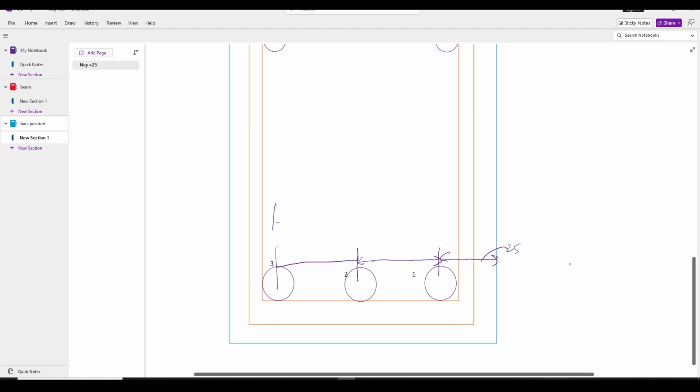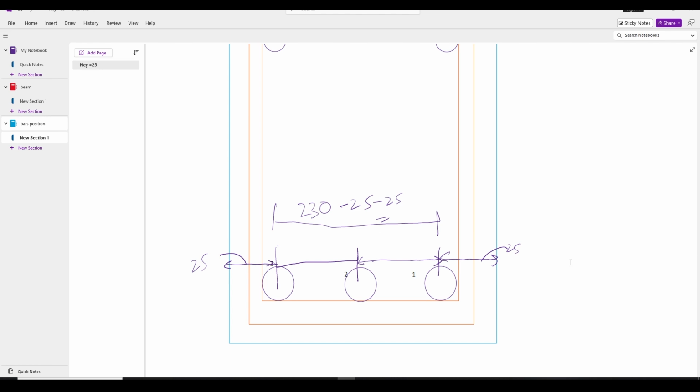The total distance is 230, minus 25 from this side and minus 25 from the other side, so 230 minus 50 will be 180 mm.